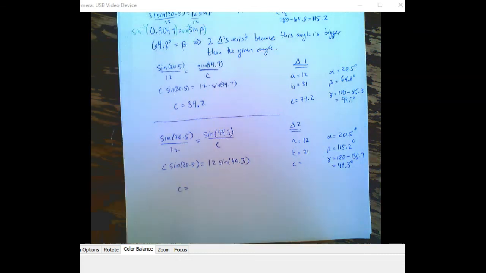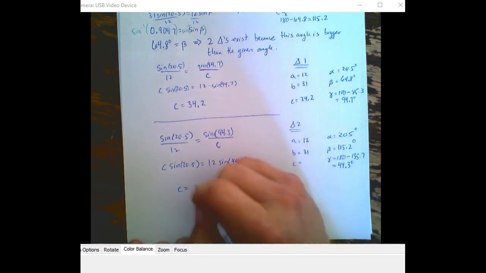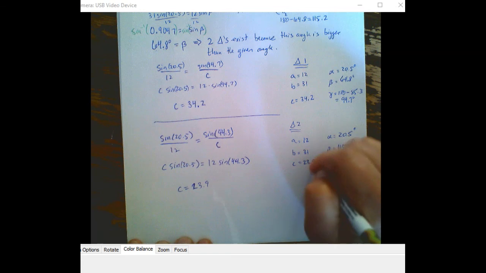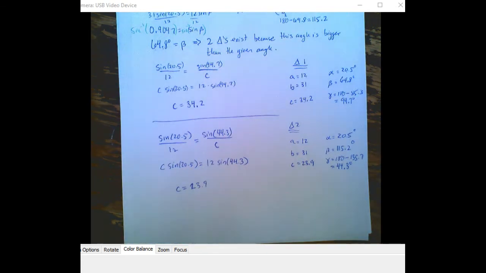So divide by the sine of 20.5. 12 sine 44.3 over sine 20.5 is 23.9. So now we have the solutions to both of our triangles, all right?